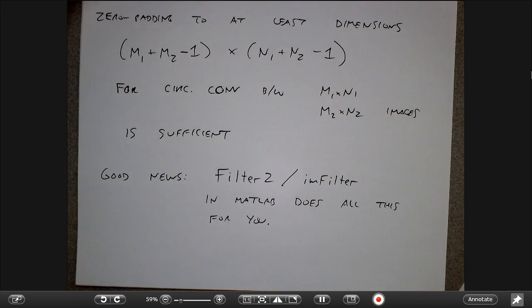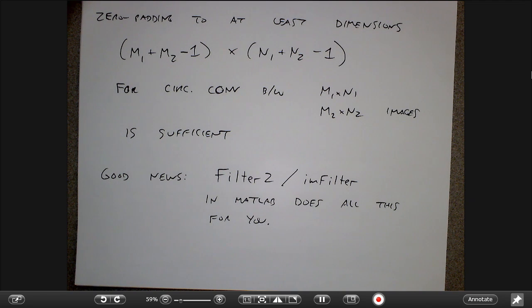So basically, it will figure out, okay, I need to zero pad the signals to this size, I need to do my circular convolution, and then I need to crop down to the image that the user wants at the very end, right? So, in modern life, where you guys are living, you really don't have to worry about this stuff yourself unless you are asked by your boss to code this onto some sort of processor that doesn't have a built-in FFT on it, then you may have to be aware.